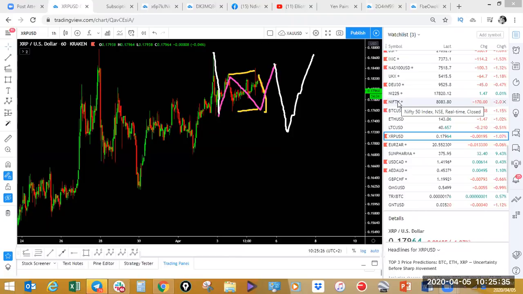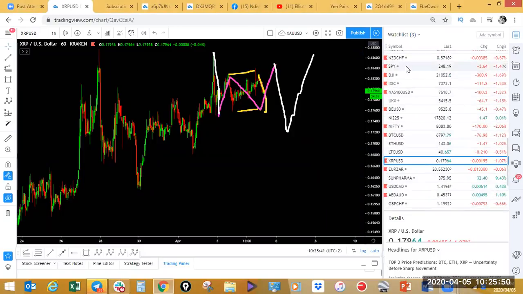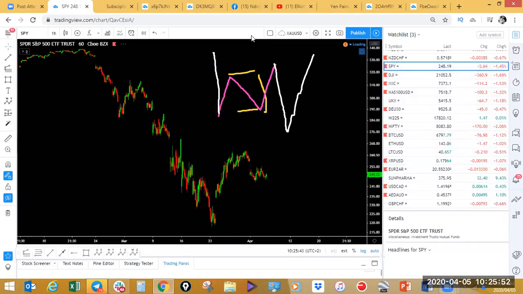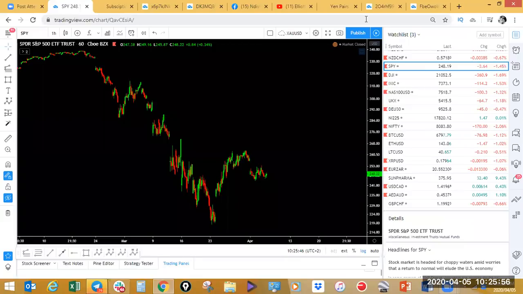The indices, we're going to look at the 1-hour time frames so we can see what the direction of the market could be in the next coming sessions. Let's look at the S&P 500. Let's go to the side just to show what we are focusing on.